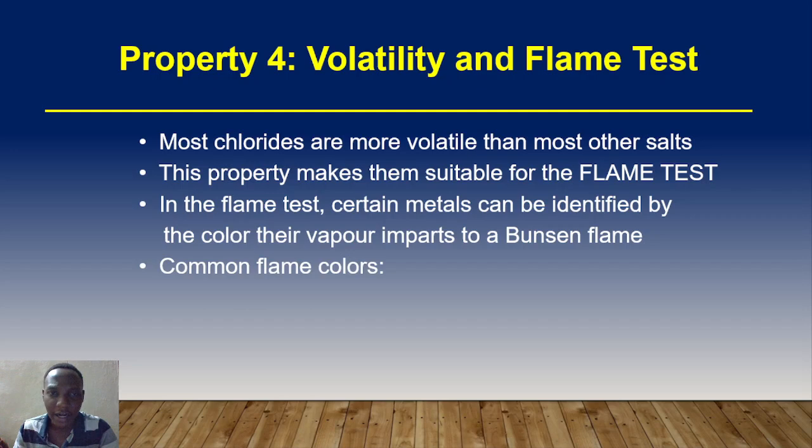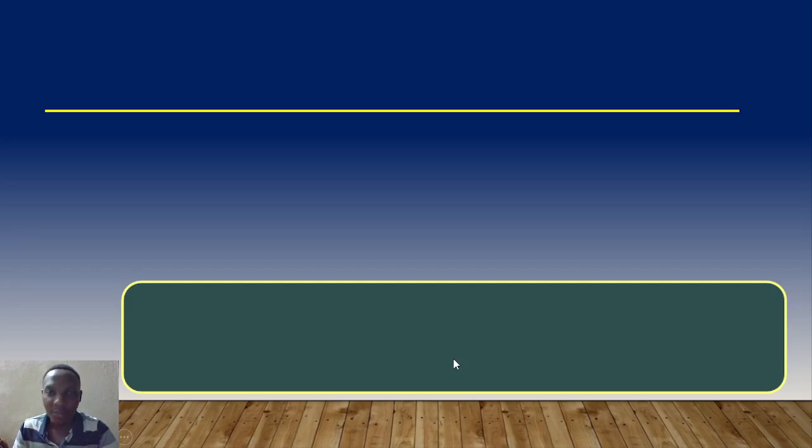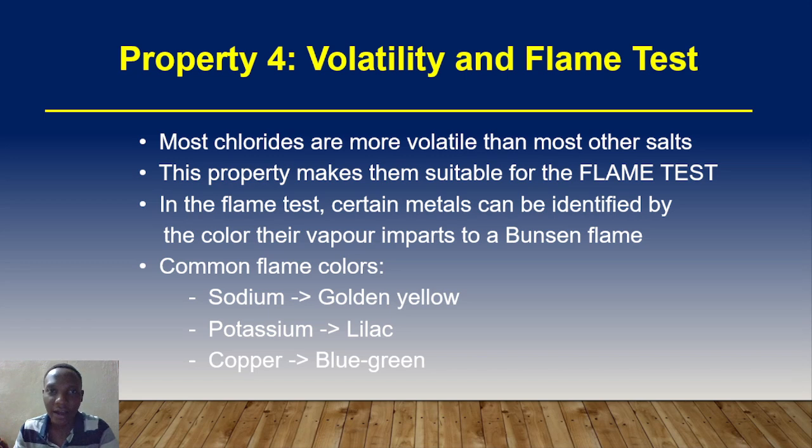The common flame colors are as follows: sodium shows a golden yellow flame, potassium shows a lilac flame, and copper shows a blue-green flame. So that's clear at this point.